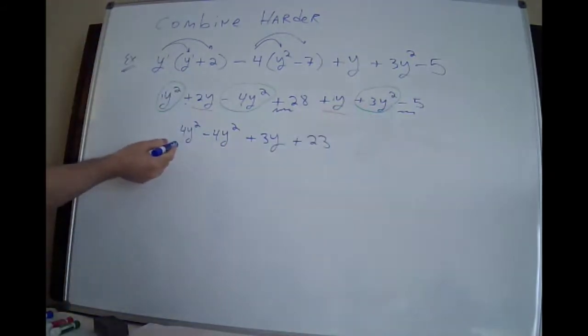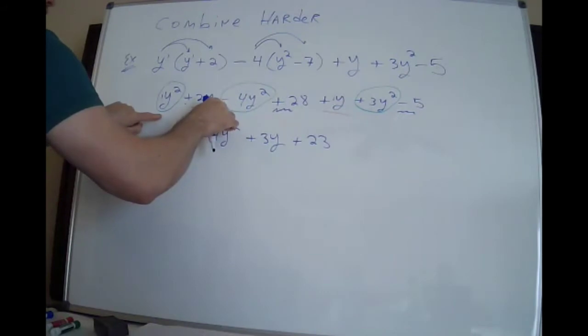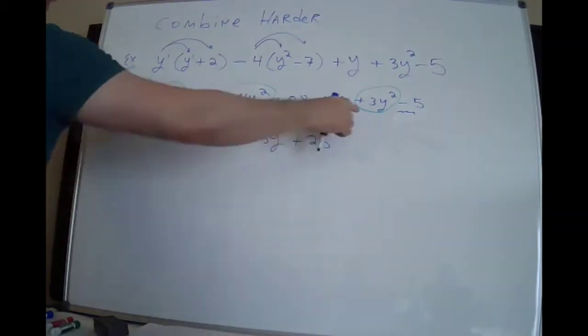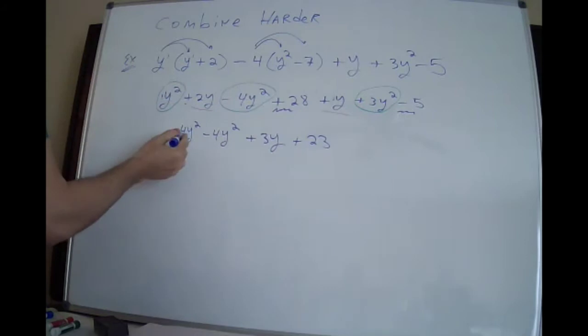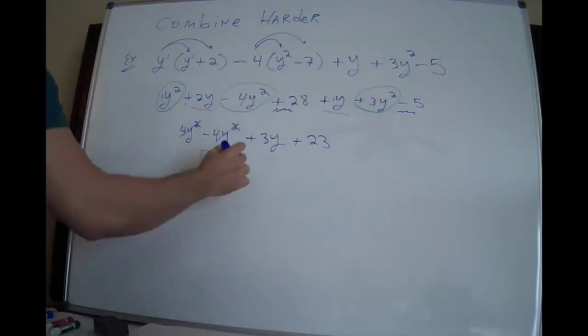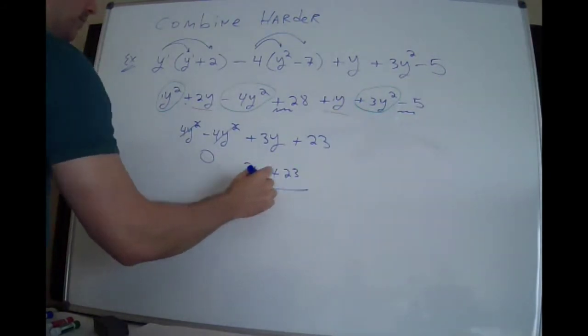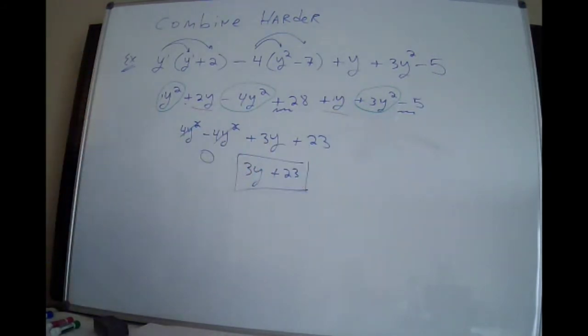Now, the problem was right here. I had 3y squareds, and I gave away 4. I mean, I have 4y squareds, and I gave away 4. So they're gone. If you had 4y squareds, and I took 4y squareds from you, you have nothing. So all I get at the end of this question is that you just get 3y plus 23.